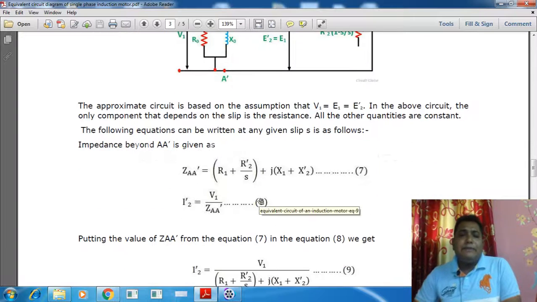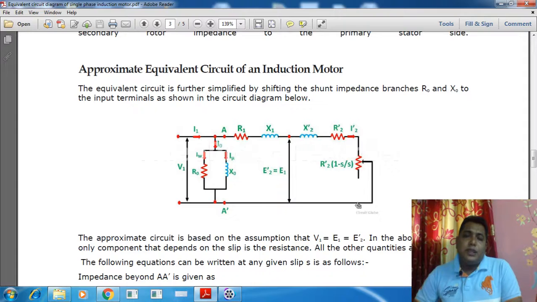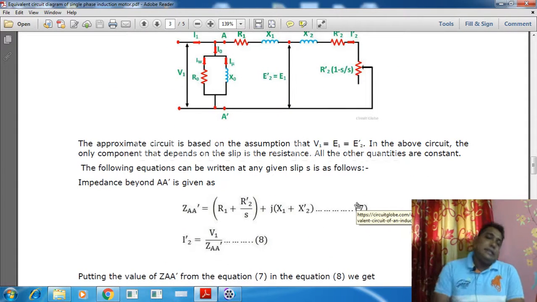So we can find the I2 current flowing through this branch. The I2 bar current is given by V1 by Z01 bar.